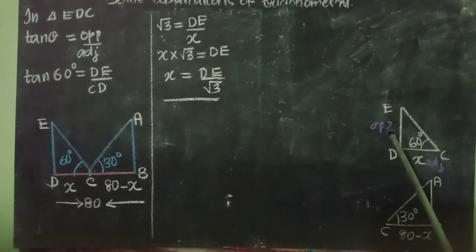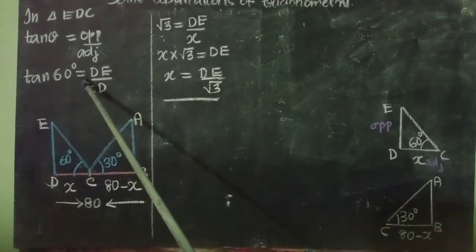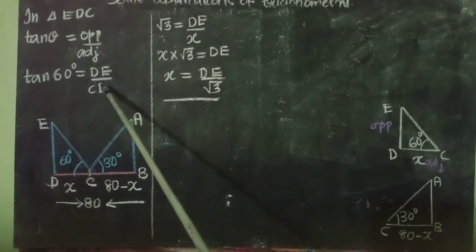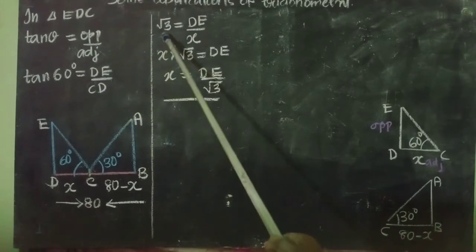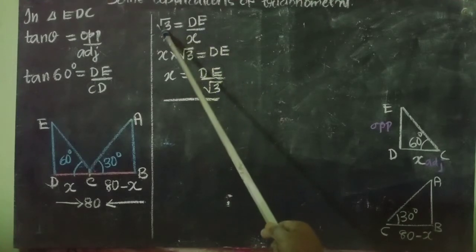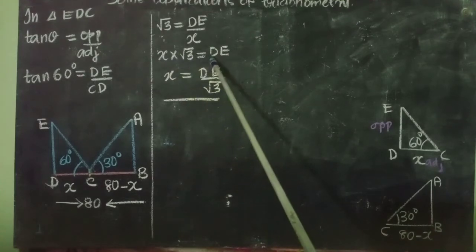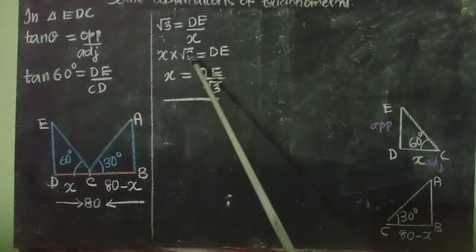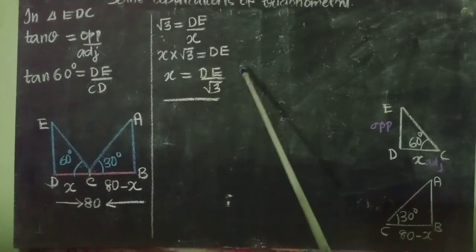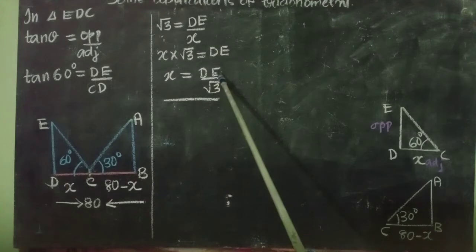Opposite side is ED. Adjacent side is CD, that is x. Tan 60 degree equal to DE by CD, that is root 3 equal to DE by x. Cross multiplying we get x into root 3 equal to DE. If we take this root 3 to right side, we get x equal to DE divided by root 3.